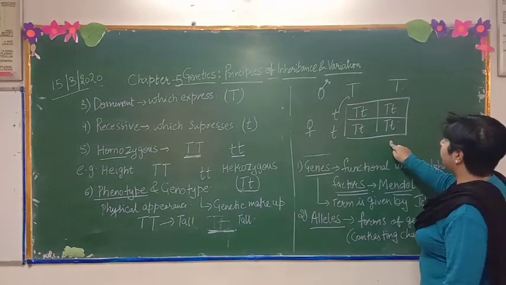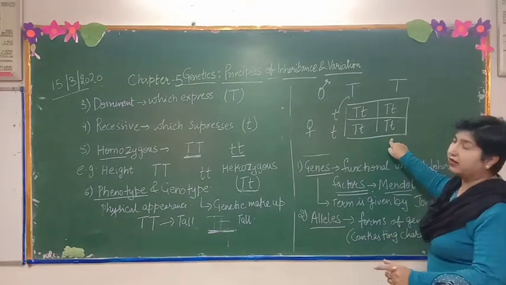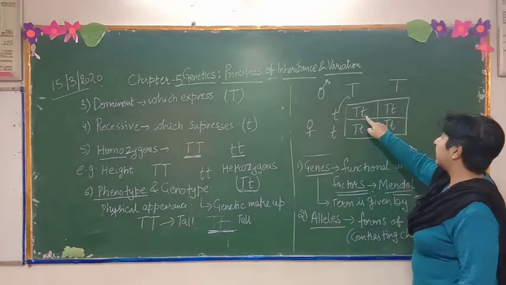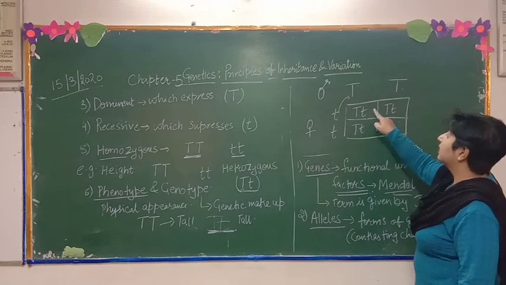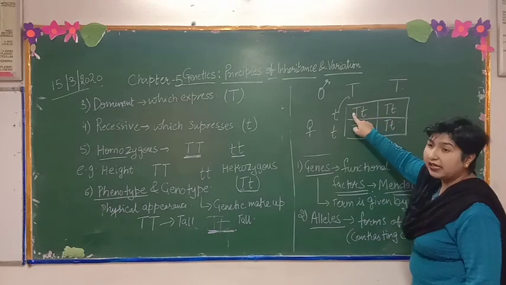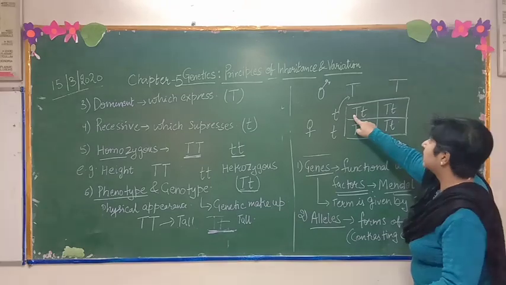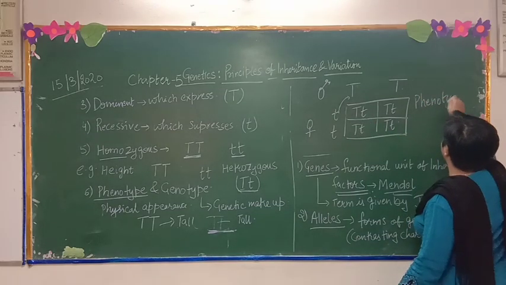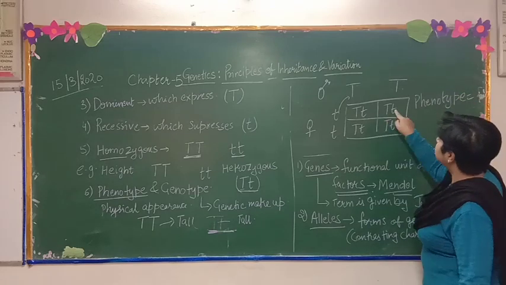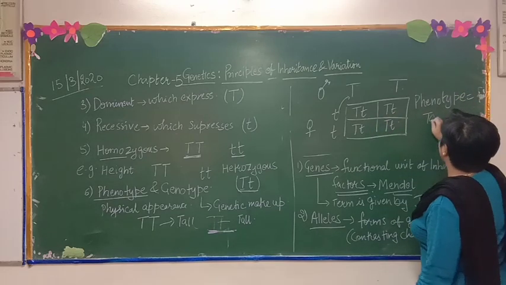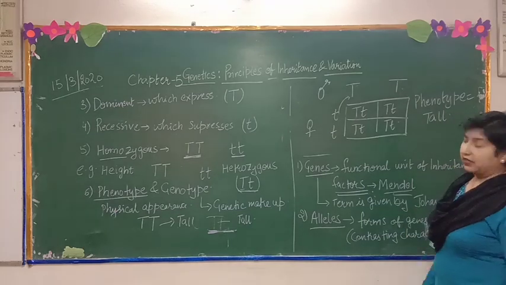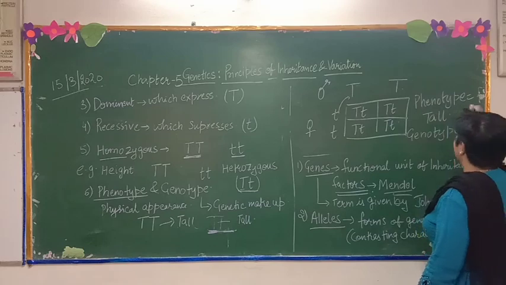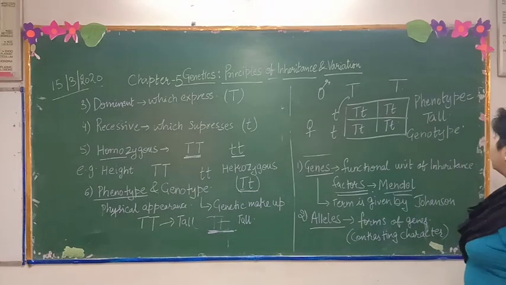Now, if I talk about the phenotype, the physical appearance, I said if one is capital and the other is small, this is taken as the dominating character. So dominance is tall. So we say that according to phenotype, all have the same type, and we call it tall. But when we talk about genotype, what is happening?